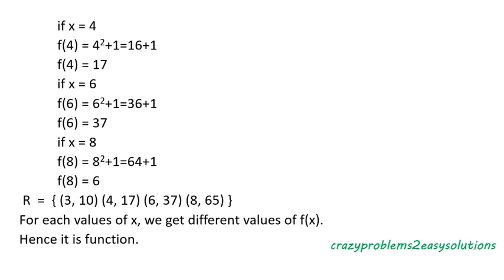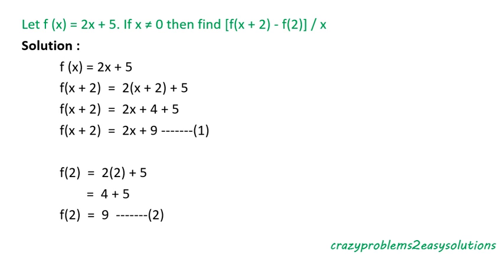So we write the x value and y value in ordered pairs: (3, 10), (4, 17), (6, 37), (8, 65). For each value of x, we get a different value of f of x. So we are able to map each element to an element of the other set, so we can say this is a function, hence it is a function.